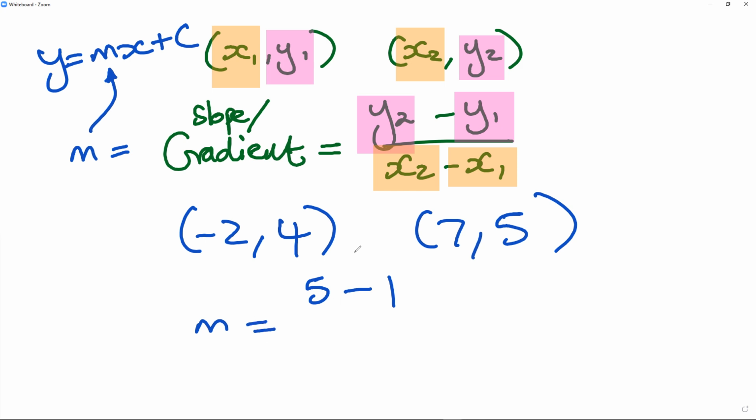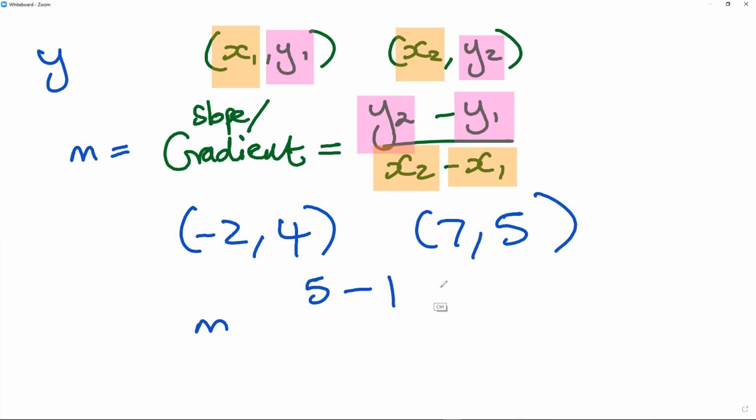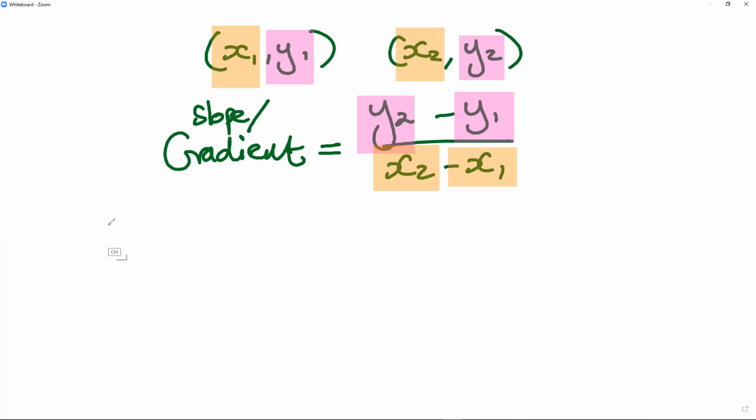So m is going to equal 5 minus 4 over 7 minus negative 2. Alarm bells, minus negative 2 is plus 2. The top is 1, and 7 plus 2 is 9. So the gradient for this is 1 over 9. Don't forget the double negatives. When you have a negative, you'll end up with some positive at some point, but you have to be careful. Let's do another one now, remember that m, from y equals mx plus c.